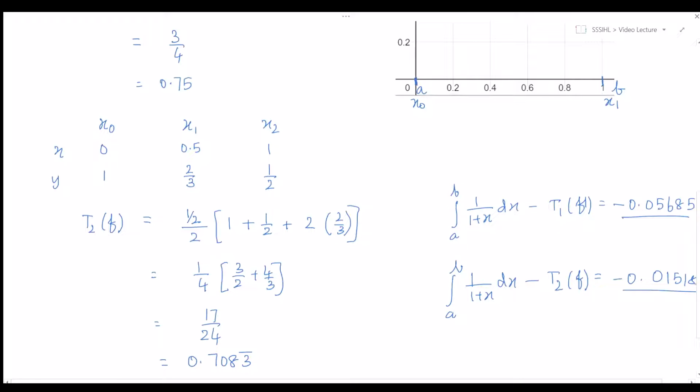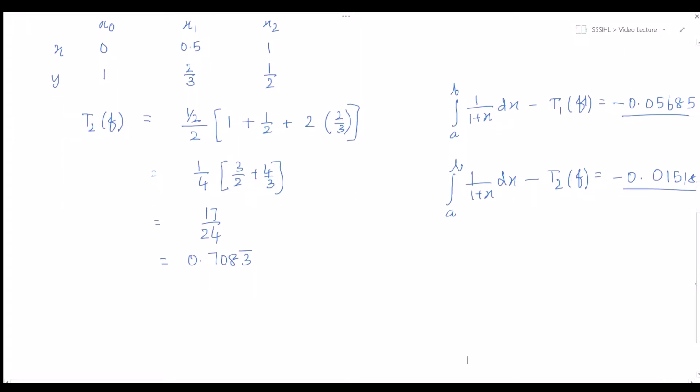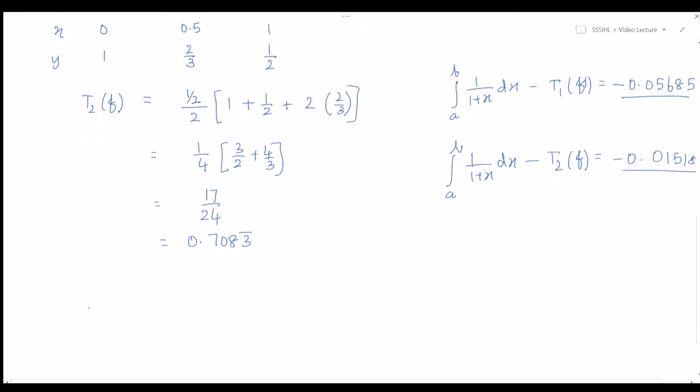Let us verify this by using one more approximation. Let's go for T3 of f, that is divide 0 to 1 into 3 equal intervals. First let's find our nodal points. So x, y: start from 0, interval h is 1 by 3, then 2 by 3, and 1.